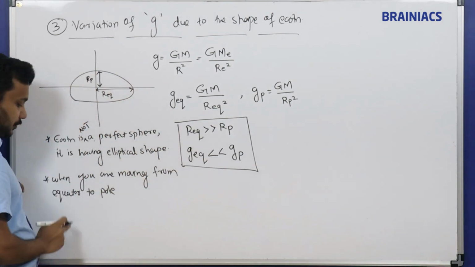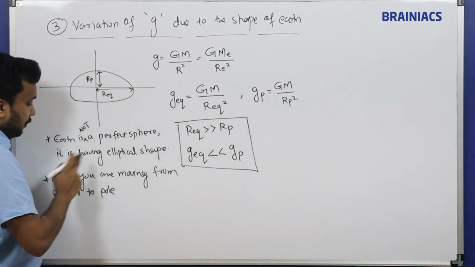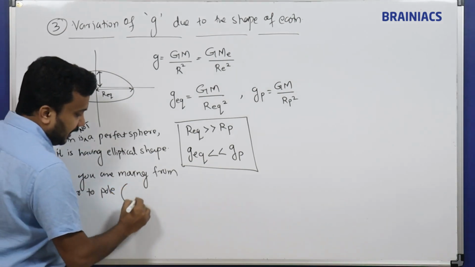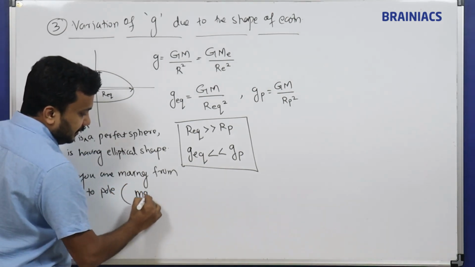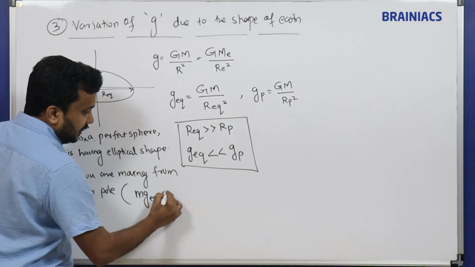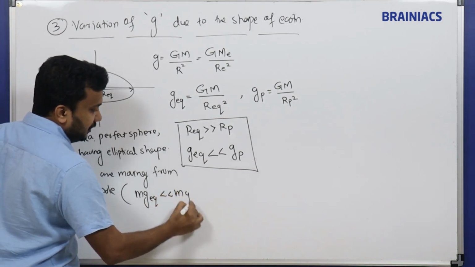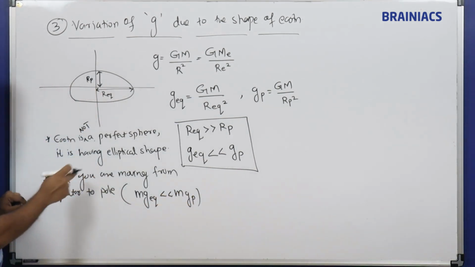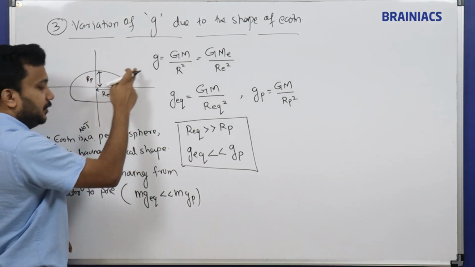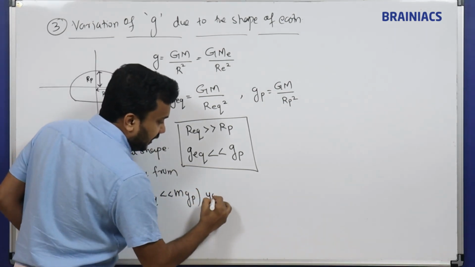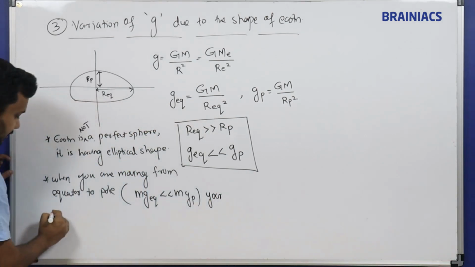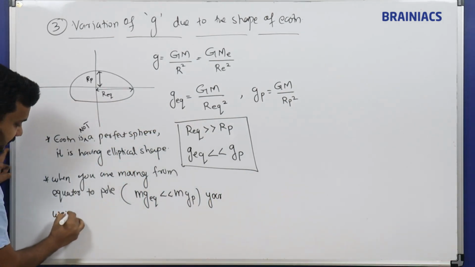You are moving to the pole. When you are moving from equator to pole, I know weight mg at the equator is less than mg at the pole. So your weight increases.